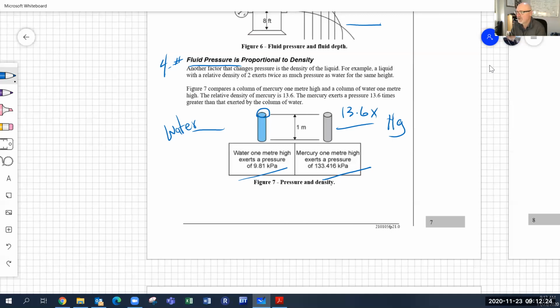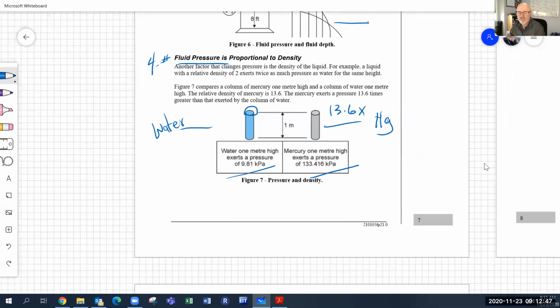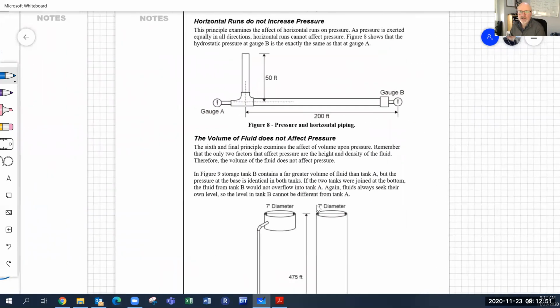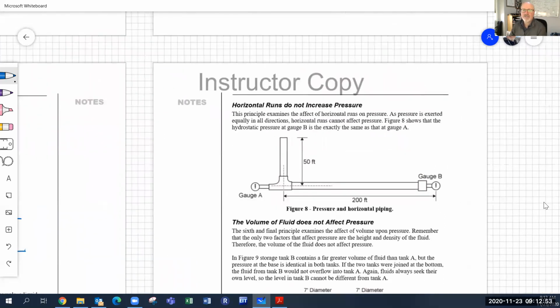But if that fluid has a different relative density, then the pressure exerted on any gauge will be different. And we will do some calculations according to different densities of fluid, or different relative densities of the fluids, as well.